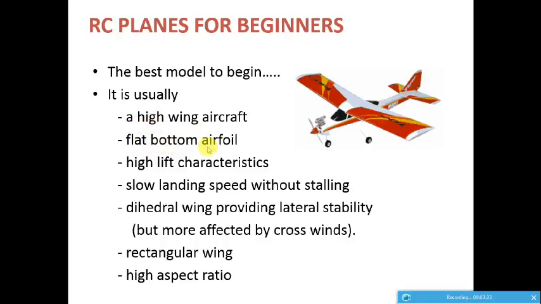The airfoil is a thick airfoil with a flat bottom, serving the purpose of high lift at low speed. It has nice lift characteristics, a slow landing speed without stalling. It has a dihedral of 5 or 6 degrees, which provides lateral stability. Also it has a rectangular wing planform when you look from the top. High aspect ratio, very long wings.